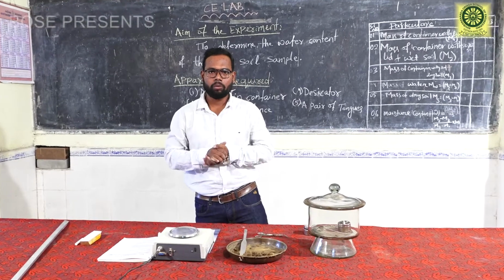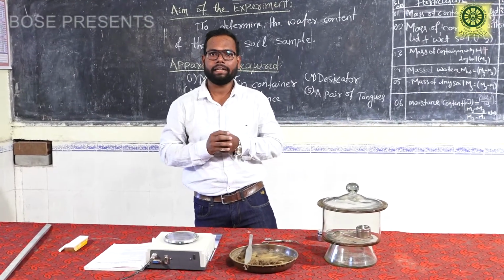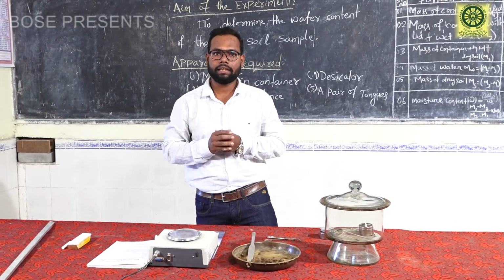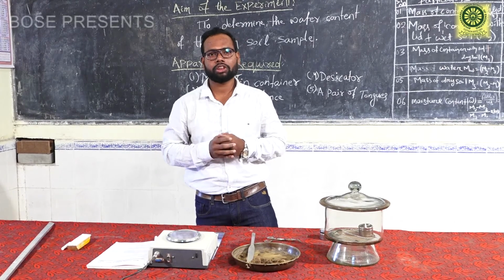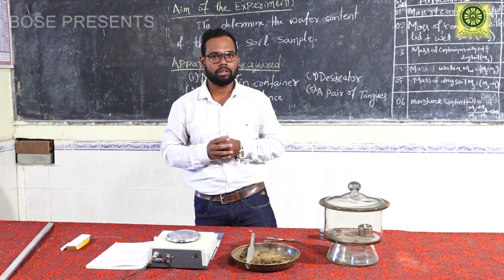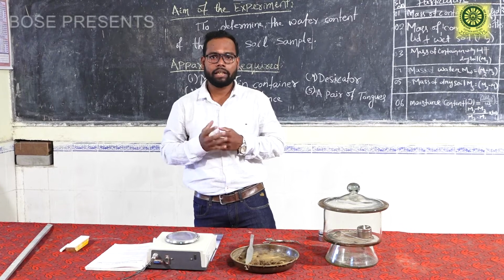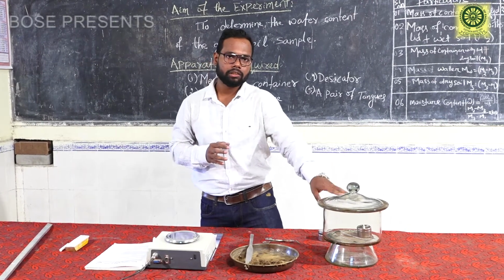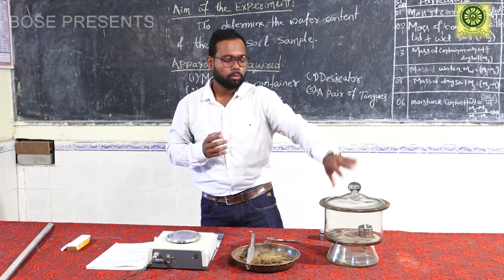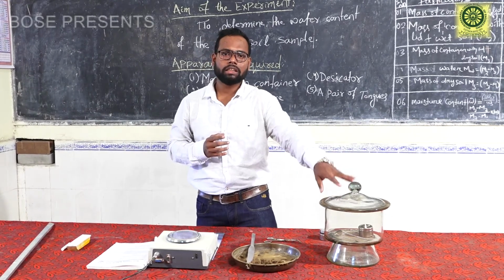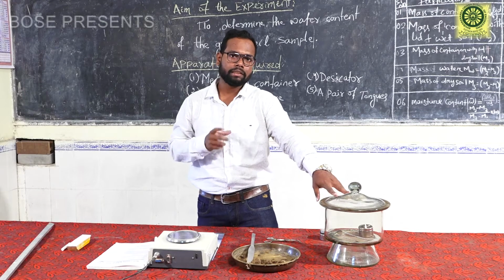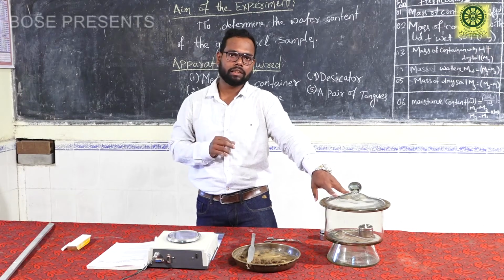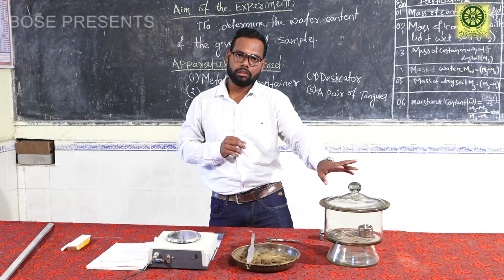After oven drying, when the soil is completely dry, there is a possibility that the soil may catch some moisture from the surrounding atmosphere, which will give error in the determination of water content. For that we use this desiccator to cool down our soil specimen to room temperature condition. That's why we use this.